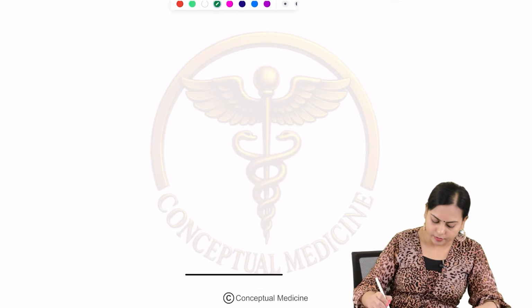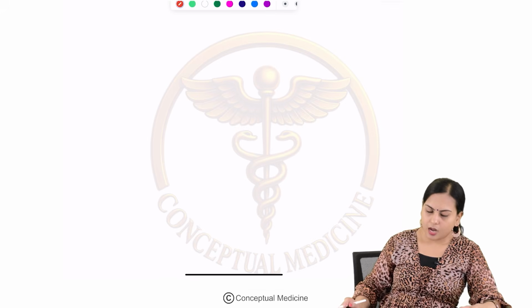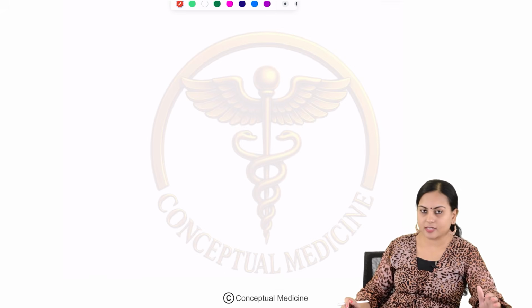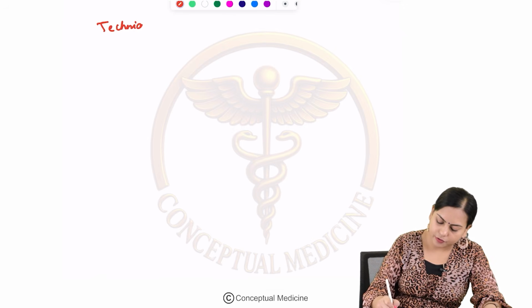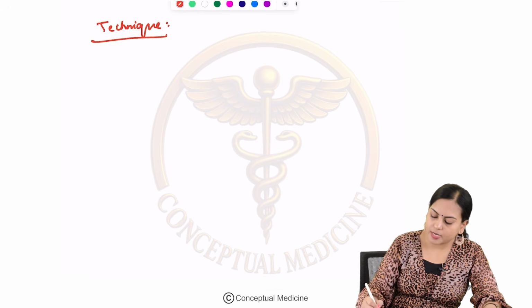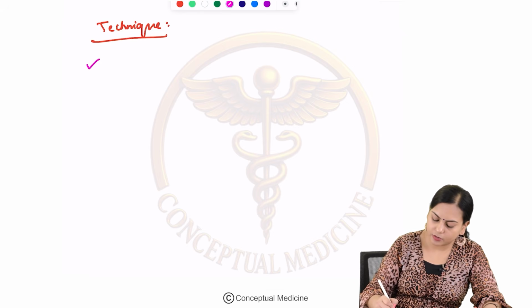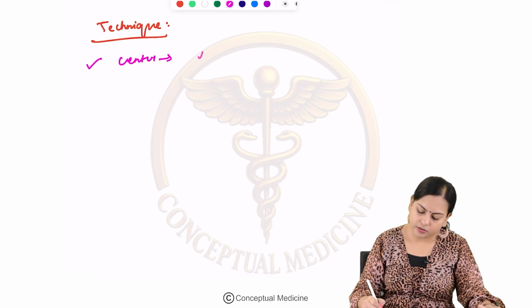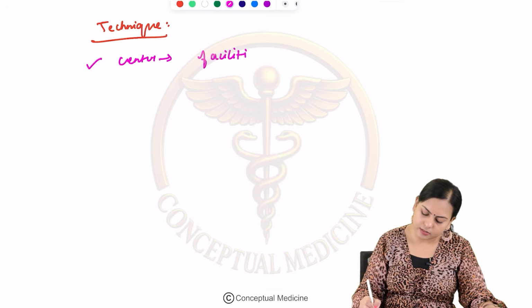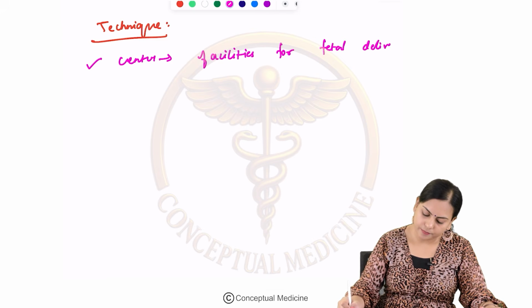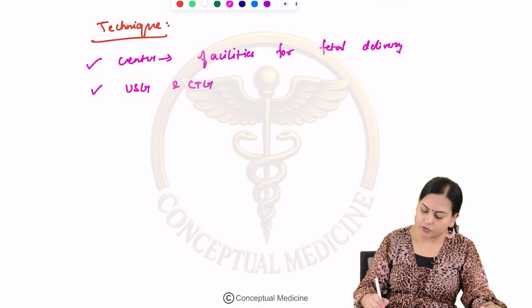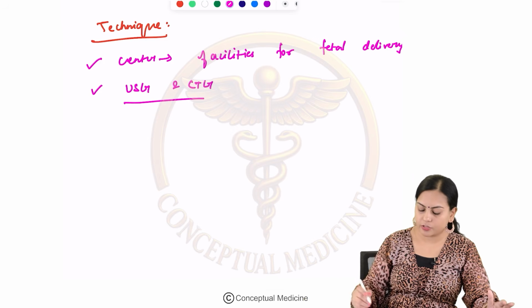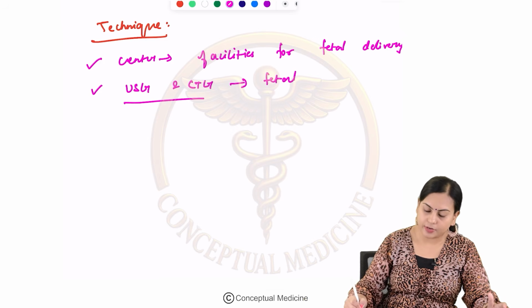Yes. Then we'll see how to perform this external cephalic version. Properly, it should be done in a center where facilities for fetal delivery are available. Then USG and CTG should be done before starting the procedure to assess fetal well-being.